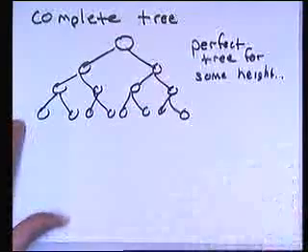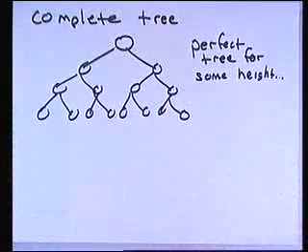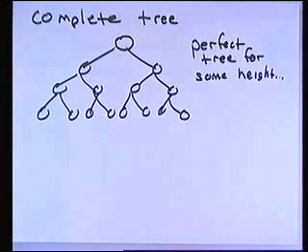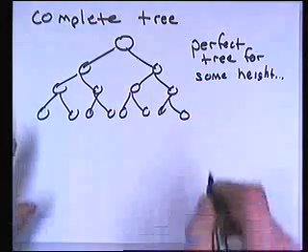And so on. The idea is that every node except the leaves has exactly 2 children, and all the leaves are at that same depth, and that pretty much fills out the entire tree. It's every possible node for a tree at that given height. So a complete tree will be perfect down to some height, and then maybe it ends there.